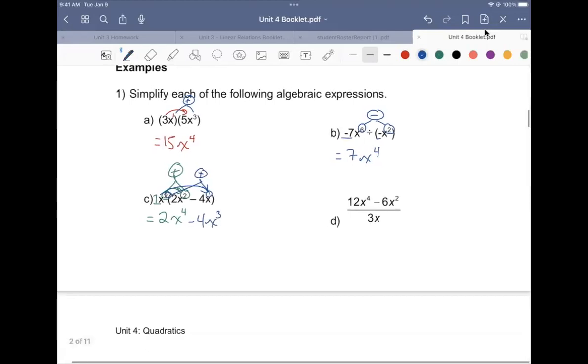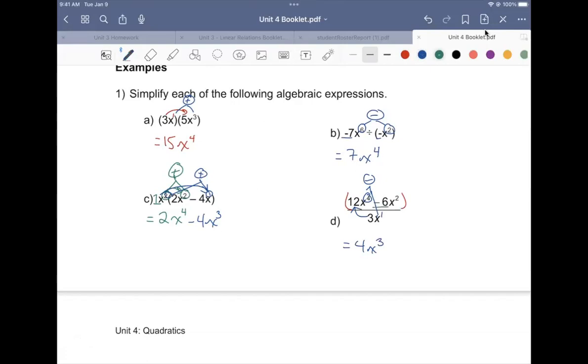If we move on to the last example, remember that here and here, I have brackets around it. I want to treat that as one term. So the first thing that we're going to do is division to both terms. So here, 12 divided by 3, I will get 4. And then I have x to the power of 4 subtract 1, which is going to give me x to the 3.